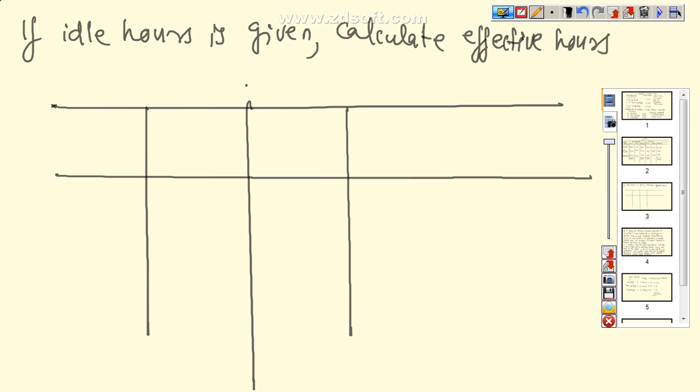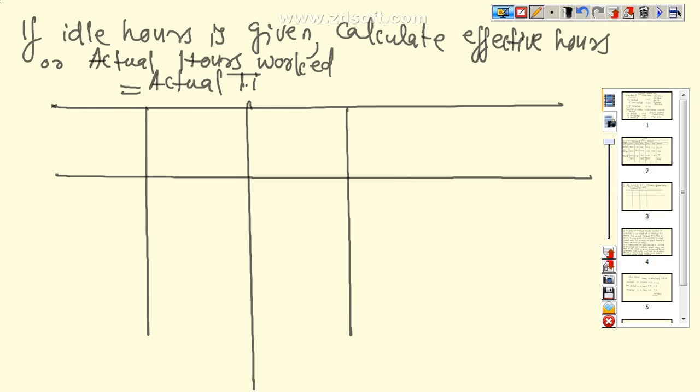It is also known as actual hours worked. So effective hours, actual hours worked, is equal to actual hours time paid minus idle hours. So in order to calculate that, we can make this table.